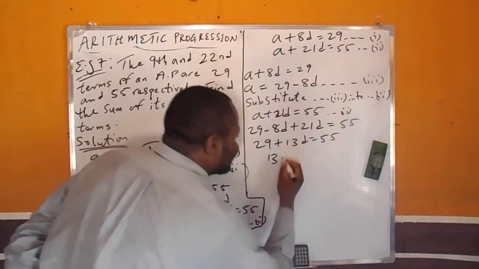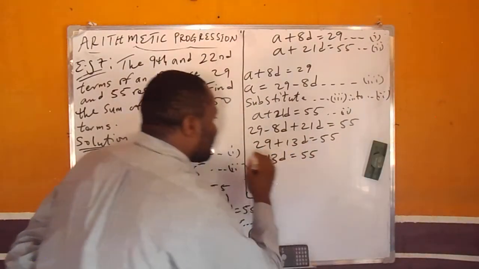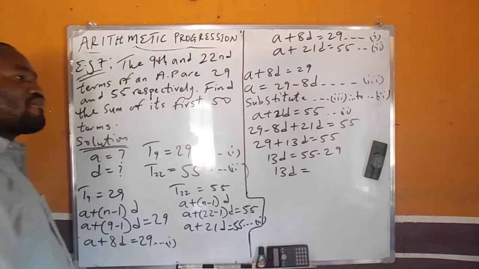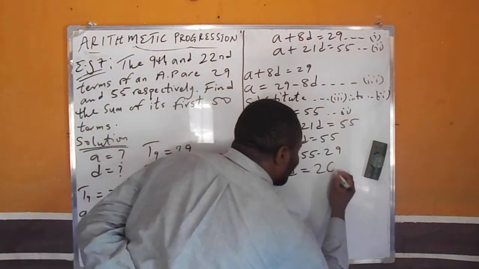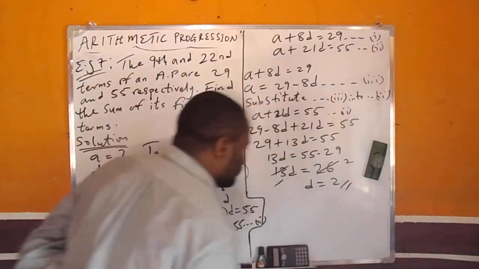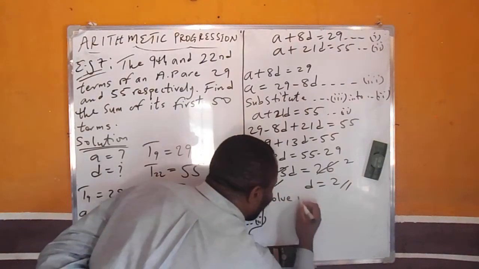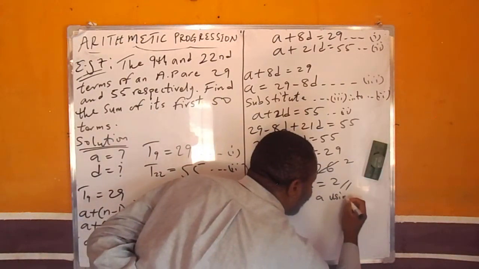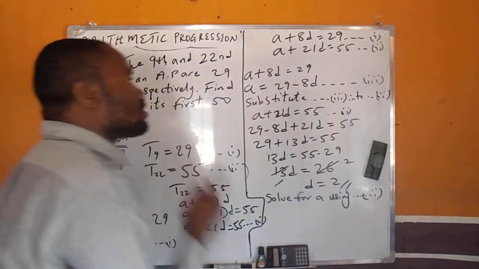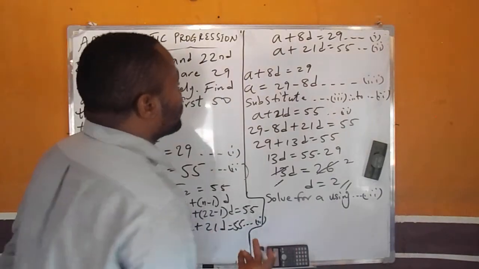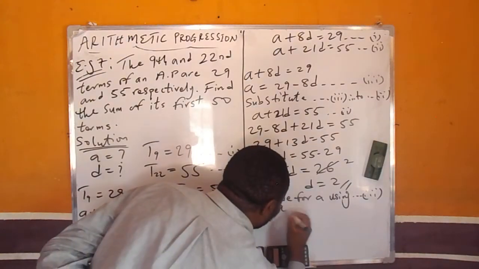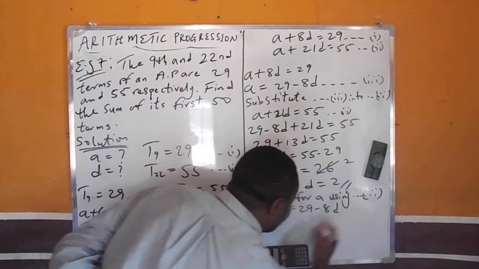Now collecting like terms, 13d equals 55 minus 29, which gives us 26. 13 into 13 is 1, 13 into 26 is 2, so d equals 2. For a, we now use equation 3: a equals 29 minus 8d.